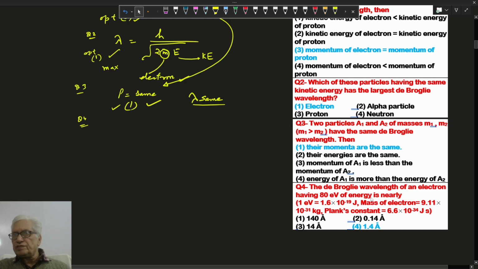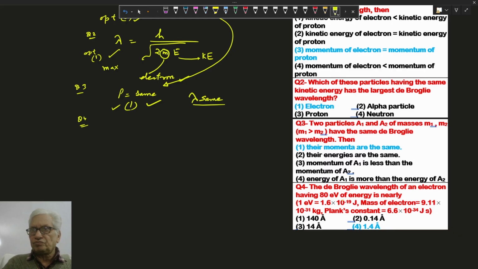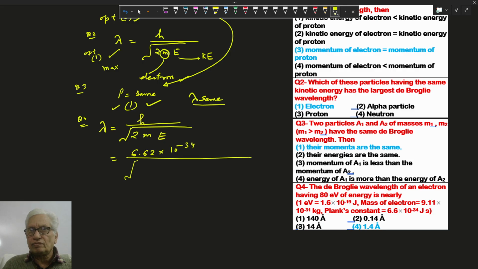The de Broglie wavelength for electron is this. De Broglie wavelength is given as h upon root of 2 m E. I put the values here: 6.62 into 10 to the power minus 34 upon, for electron, mass of electron is 9.1 into 10 to the power minus 31, into E energy 80, but it is in electron volt.